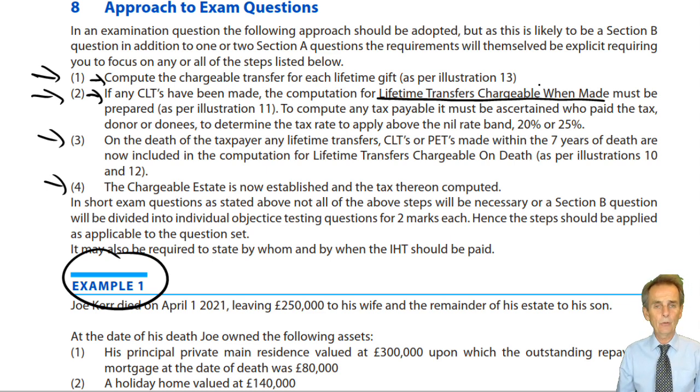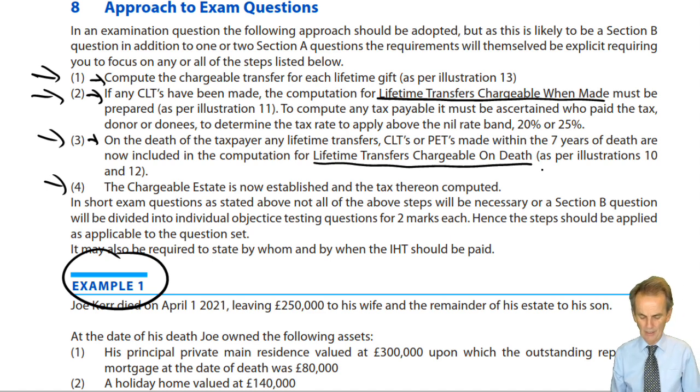We then get through to what will inevitably have happened within such a question, the death of the taxpayer. And that death requires 2 further computations. The first of which, here in section 3, is where we're going to be working out the calculation for lifetime transfers chargeable on death.